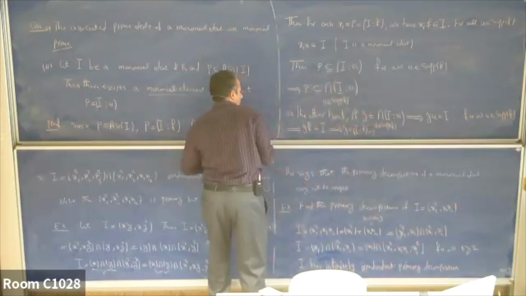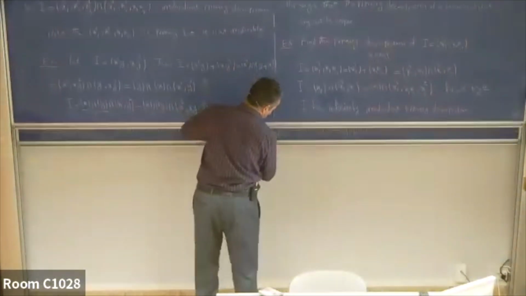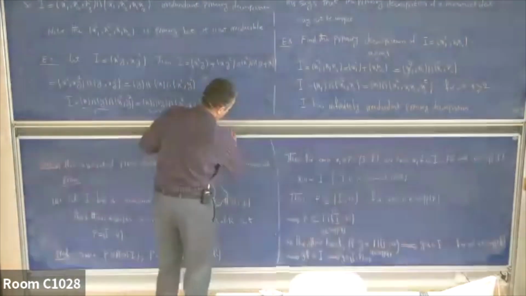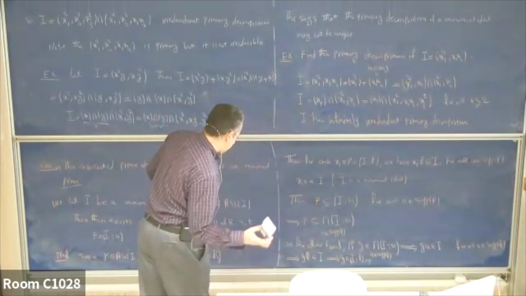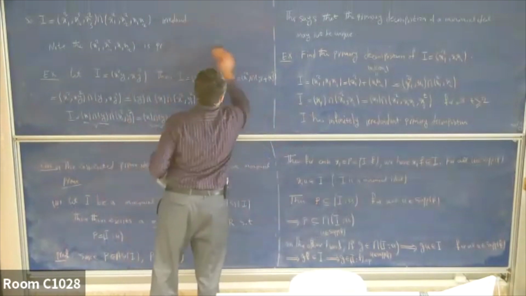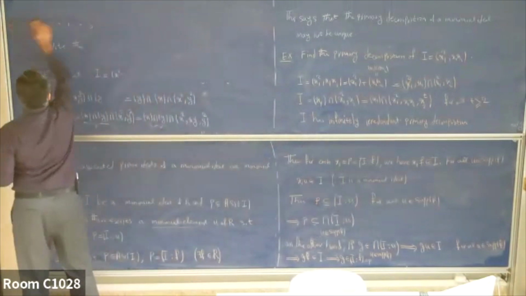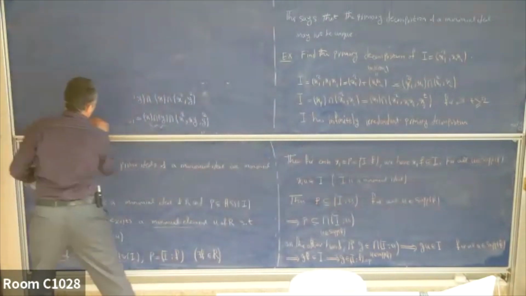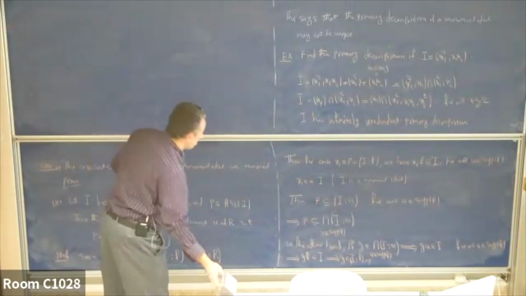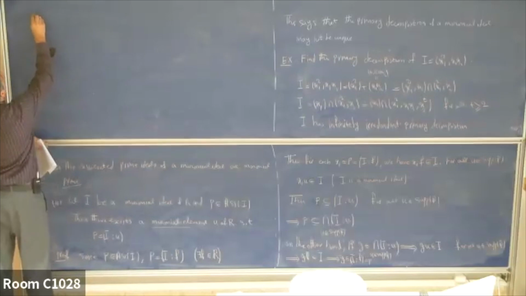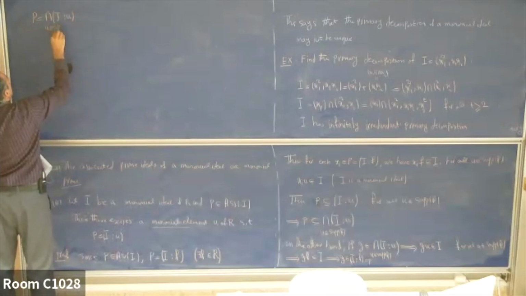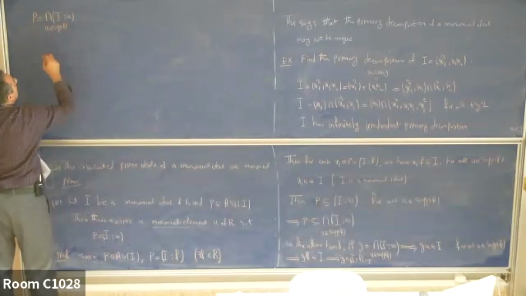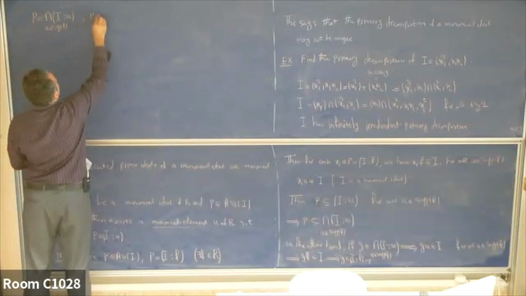So P is equal to this intersection. But P is irreducible.